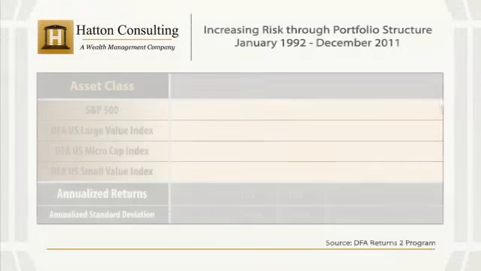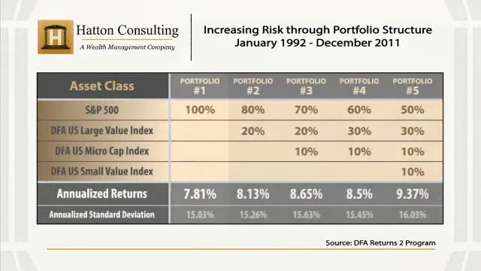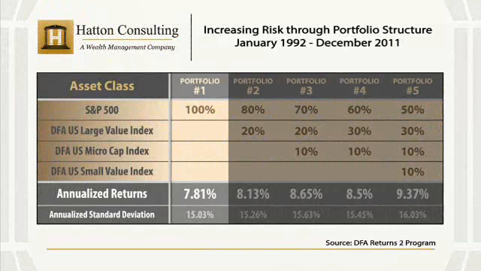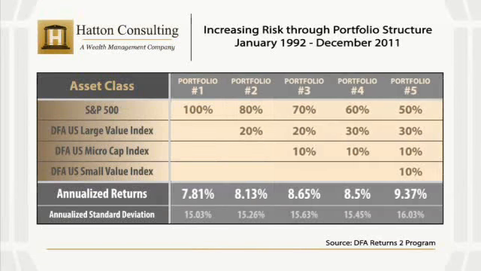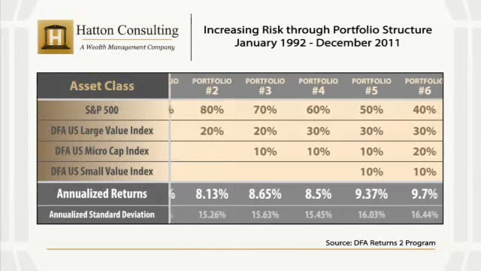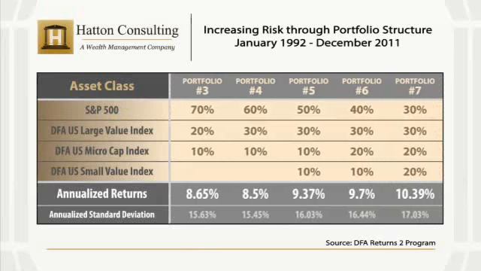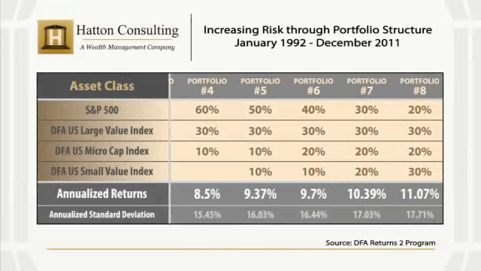Second, history shows that by introducing small cap and value stocks, we can increase returns over the long term. For instance, in this recent 20-year period, the S&P 500 averaged just under 8% per year. And when we compare this performance to a portfolio that incrementally adds small cap and value stocks, we see the return rises dramatically.